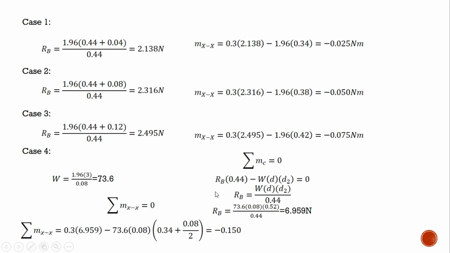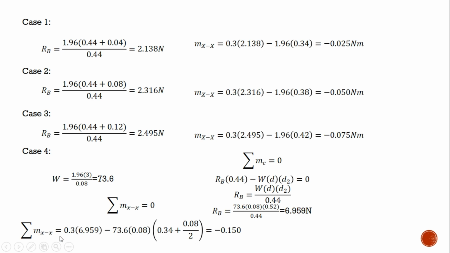Then we find the RB equation first, which means RB equals W D2 over 0.44, and then we substitute the value of W, D1 as 0.08 and D2 as 0.52 over 0.44, and we get 6.959 Newton.